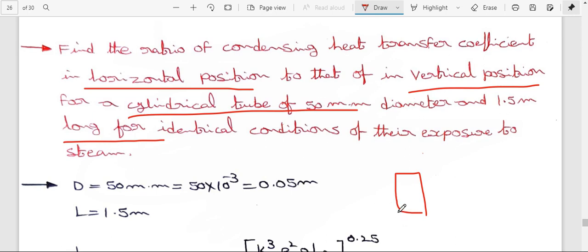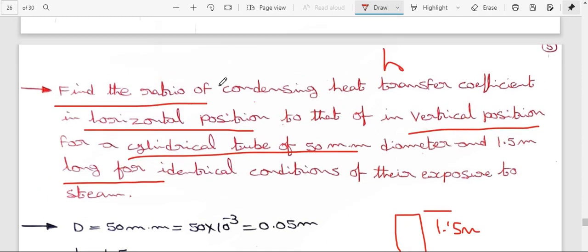Here the diameter is 50 mm and the length is 1.5 meters. So we have to find the ratio of the condensing heat transfer coefficient.